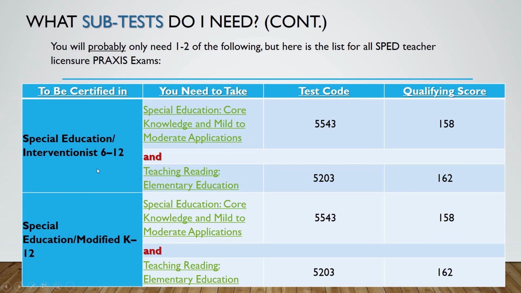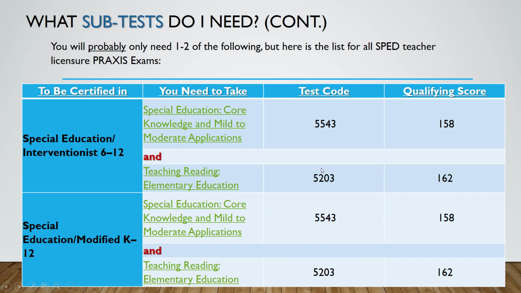You can also take the Special Education Interventionist, which is also highly encouraged, in the area of 6th to 12th grade. As you can see, the tests are the same, even in the modified K-12 certification. The tests are the same.